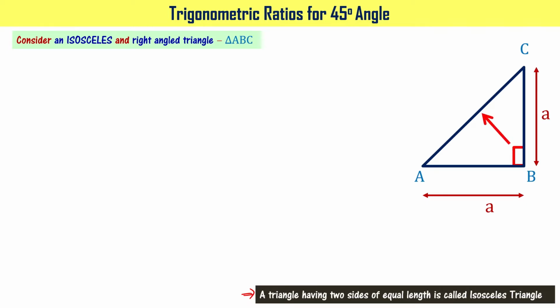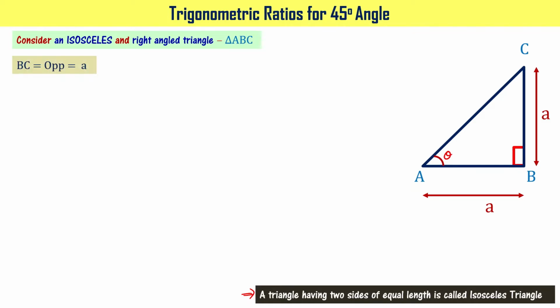We know that the side opposite to 90 degrees angle is called hypotenuse, right? In this particular case, AC is going to be hypotenuse, right? When you say that my angle theta is angle A, then the side opposite to theta is going to be BC, and the side adjacent to theta is going to be AB, right? Let's take a note of that.